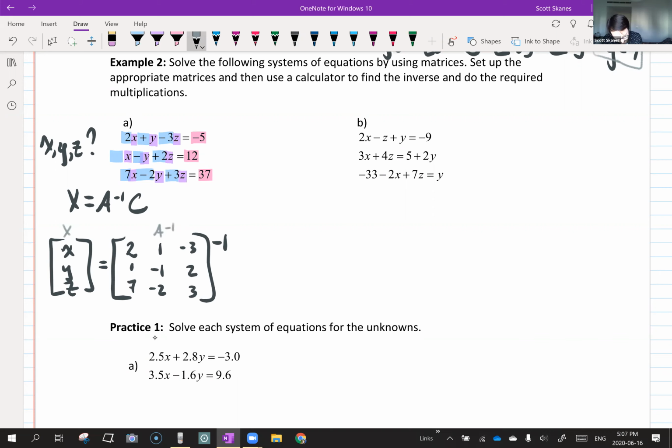That's our A inverse. And then C is, I'll call it, the answers, right? I'll color code it so that you can look back on this and make some sense of where these things are coming from. But this is all calculator now. This will give us our answer.